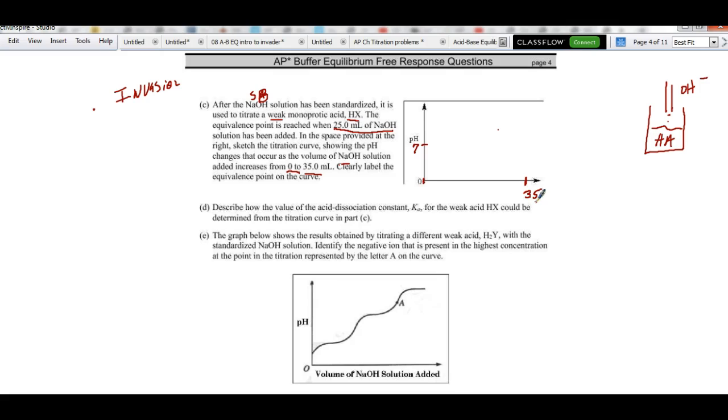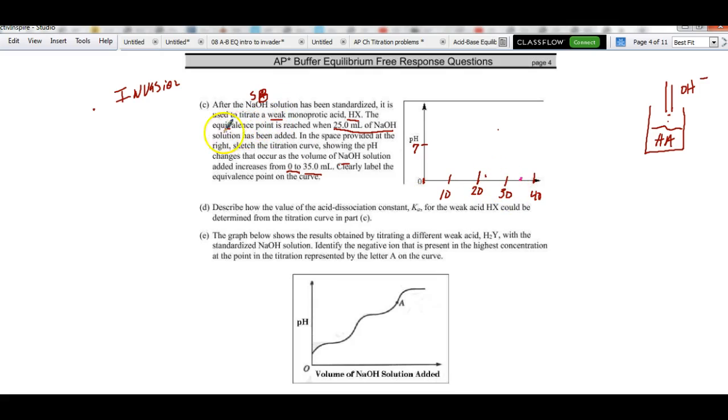But it says the equivalence point is reached at 25. Oh goodness. Okay, I'm going to back this up and make this 40. So if I said 10, 20, 30, and I'm going to be putting this much in.